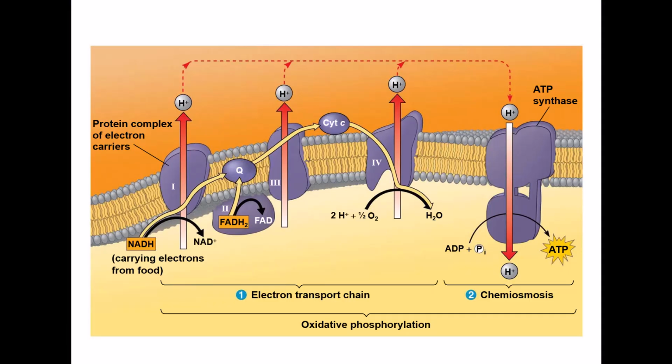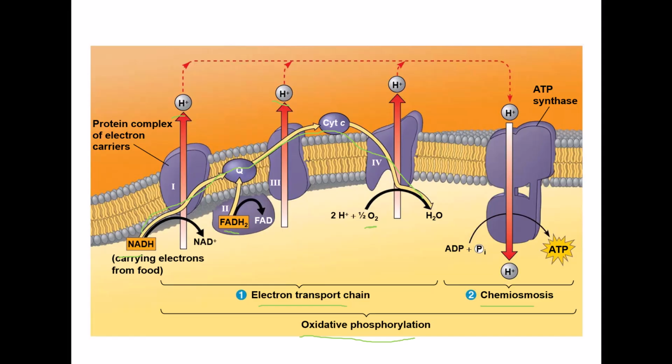So this is kind of a simplified diagram of oxidative phosphorylation, or the electron transport chain, and chemiosmosis. So it's showing the NADH and the FADH2 dropping off their hydrogens and their electrons. Those electrons will be passed down the electron transport chain, and then oxygen is the final electron acceptor.